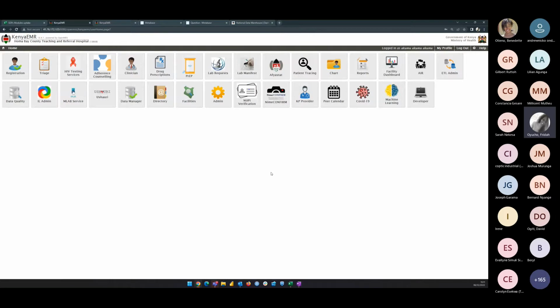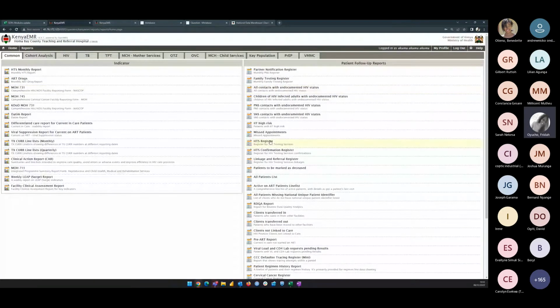If you can, after this session, go back to your facility if you're using the latest version of the EMR and try to pull your risk scores at the facility level and then check from the report your high risk clients. So for now, even if I generate it, it's going to be 0.